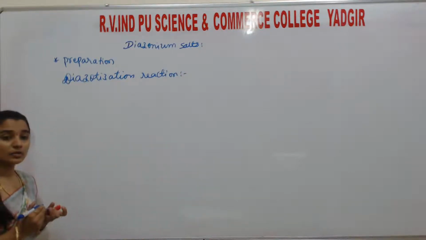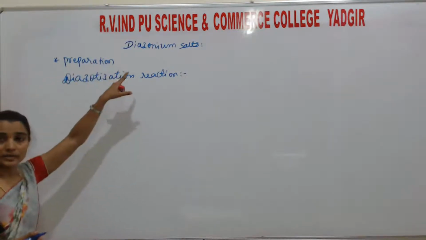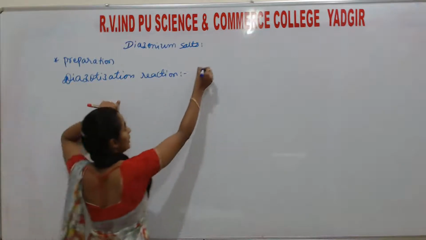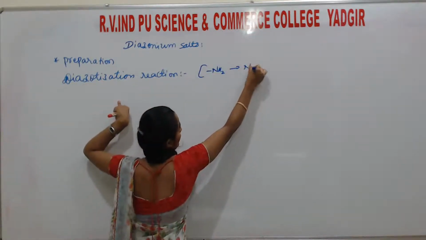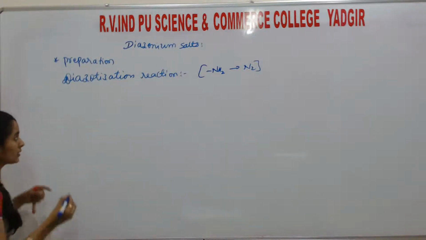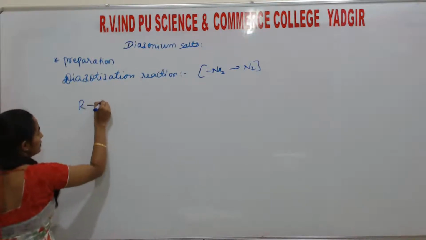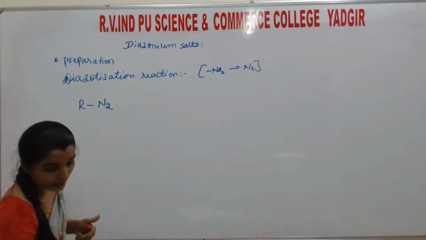What is this diazotization reaction? Conversion of amines, NH2 compounds, to N2 compounds. Amines means NH2 compounds to what? N2 type compounds. That is called diazotization. So, I will take primary amines here, RNH2, especially aromatic amines you will take.